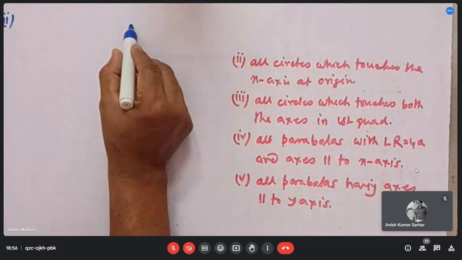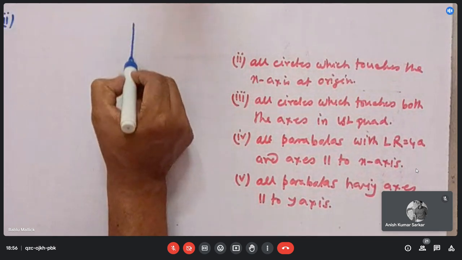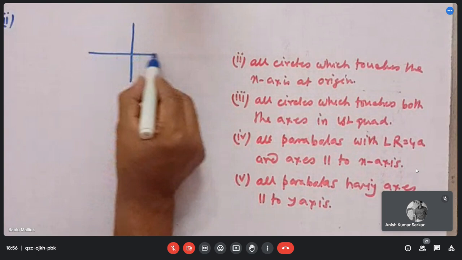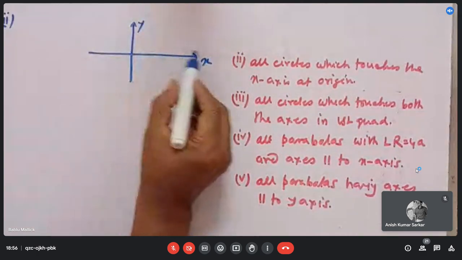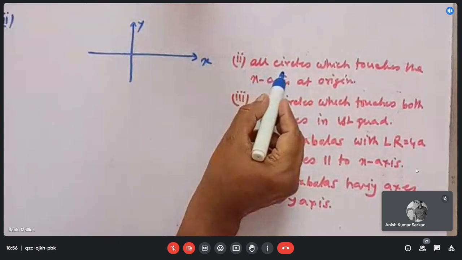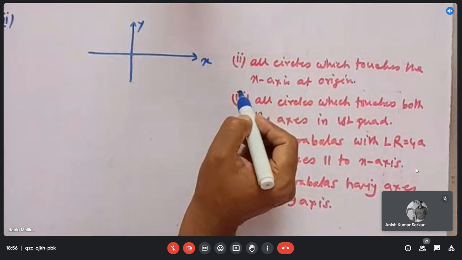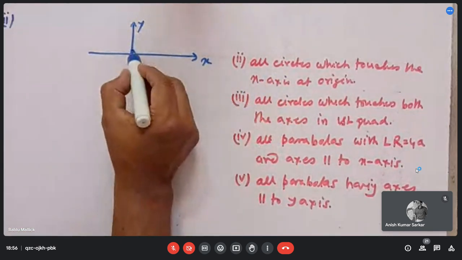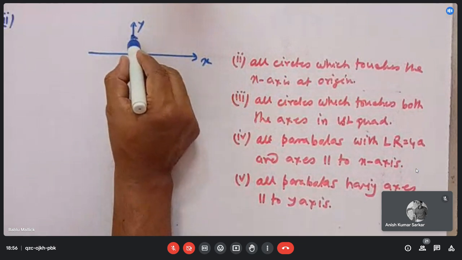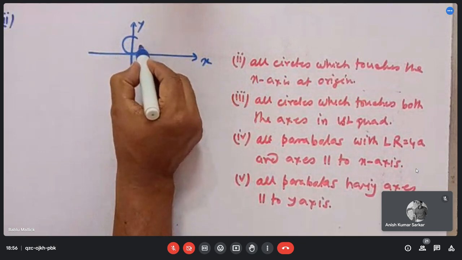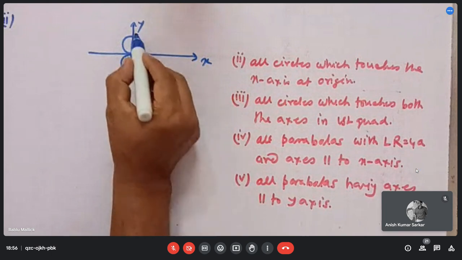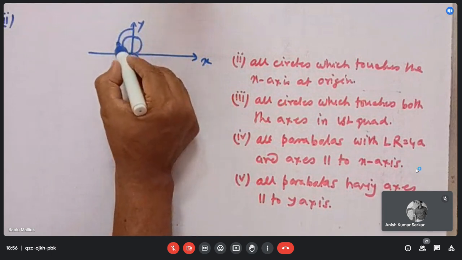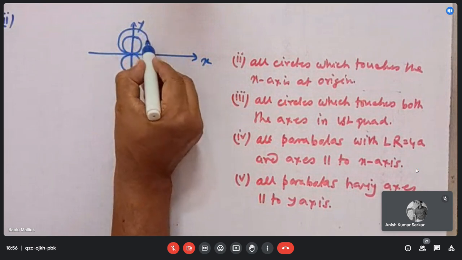Without a diagram, I think they will give you no marks. This is the x-axis, this is the y-axis. A circle which touches the x-axis at origin, that means the circle may be this, or maybe here, or maybe this type, anything.